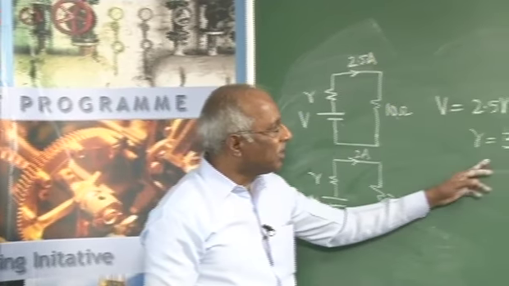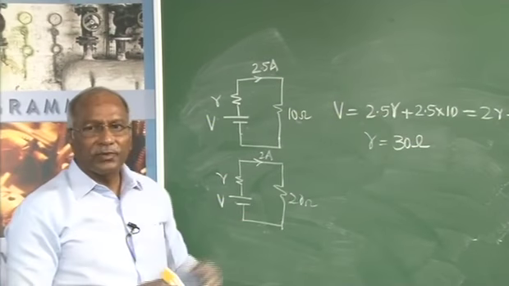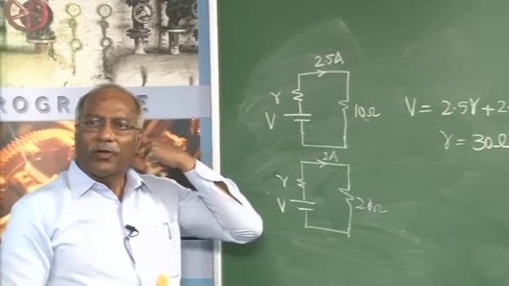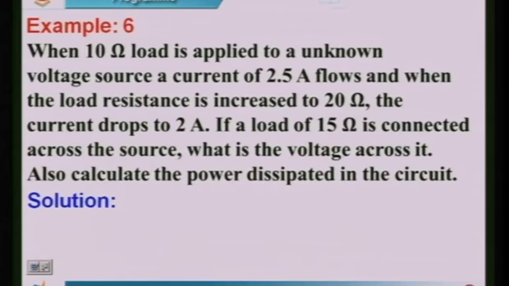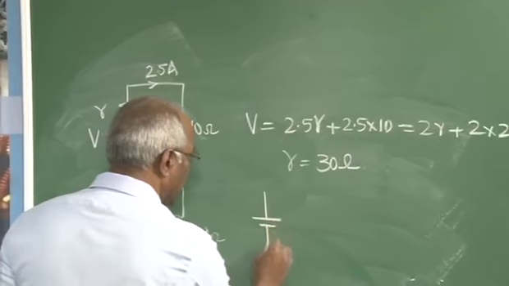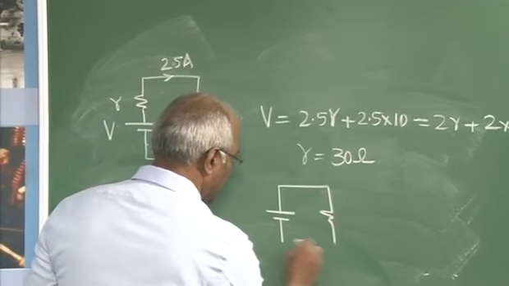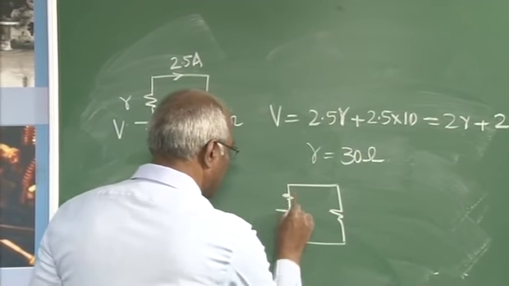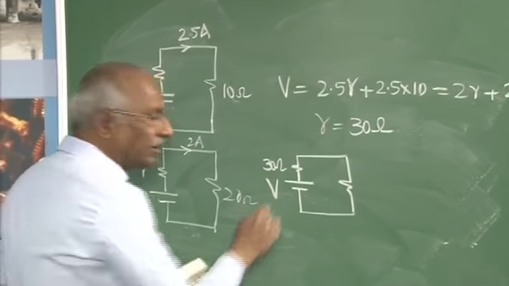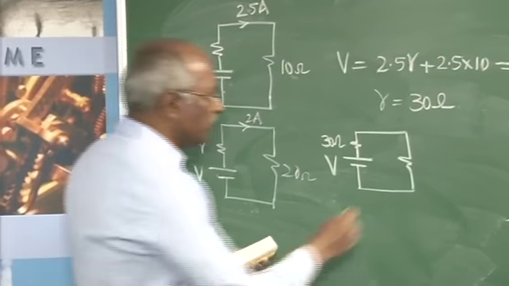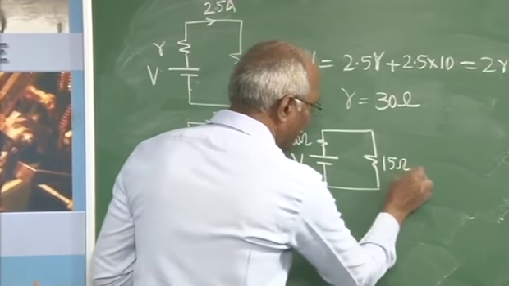Once we know this, we can find the next part: if a load of 15 ohm is connected across the source, what is the voltage across it, and also calculate the power dissipated in the circuit. The third case is, this is 30 ohm, this is V and the load resistance is 15 ohm.